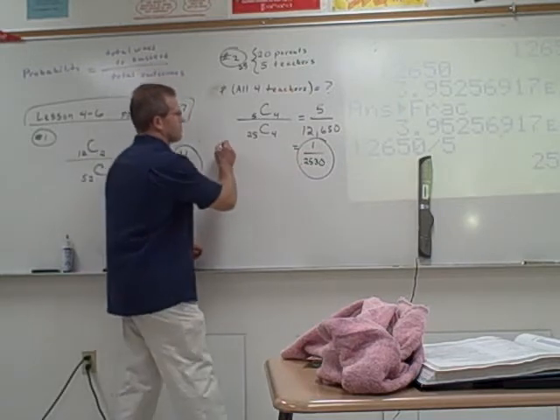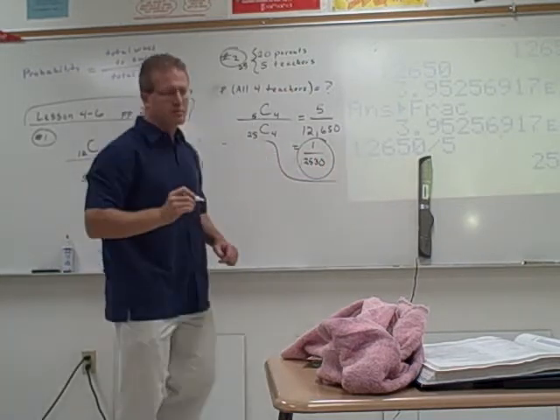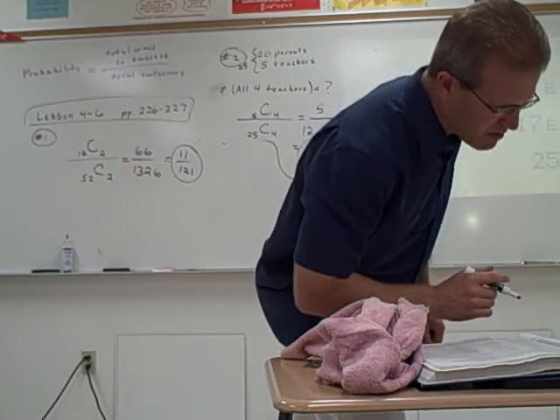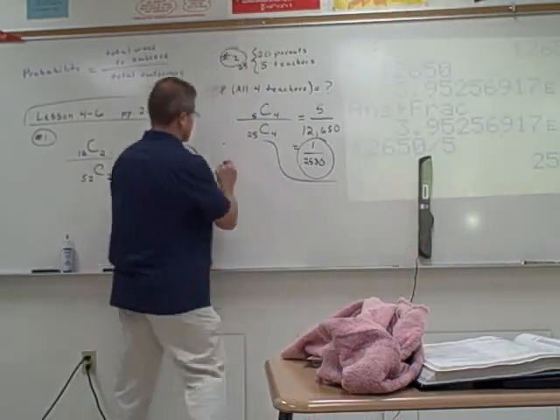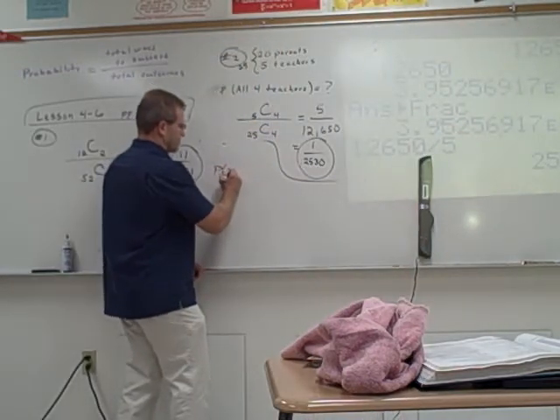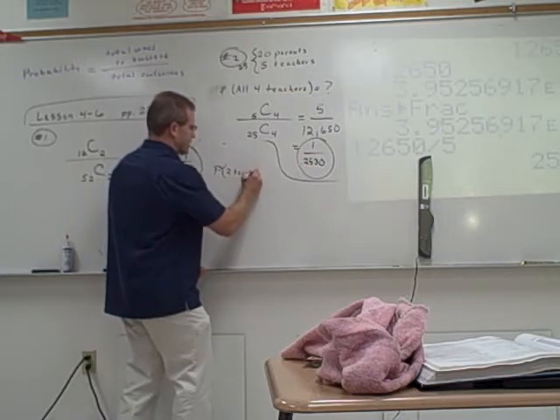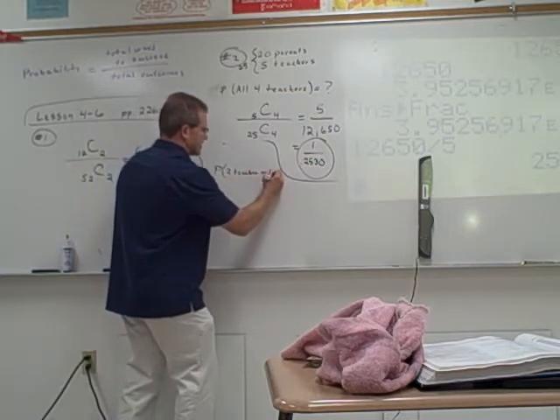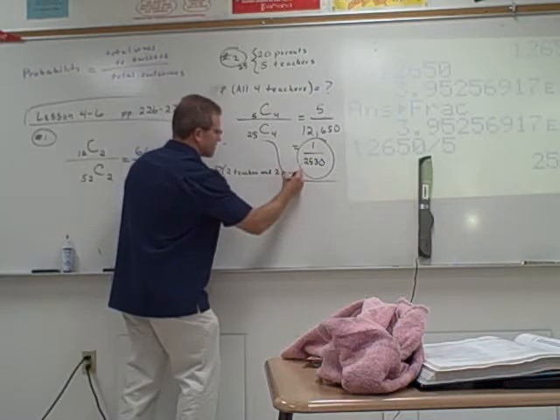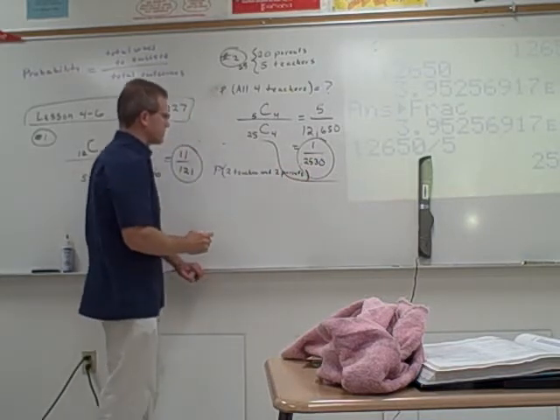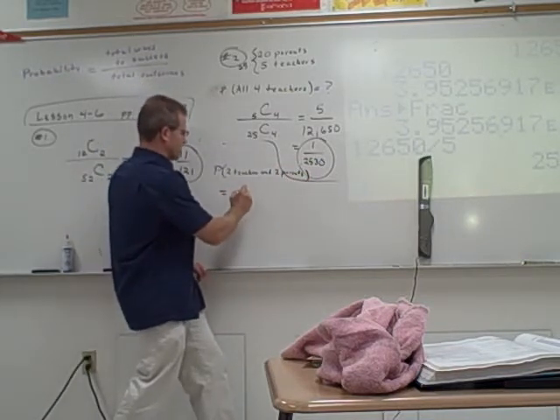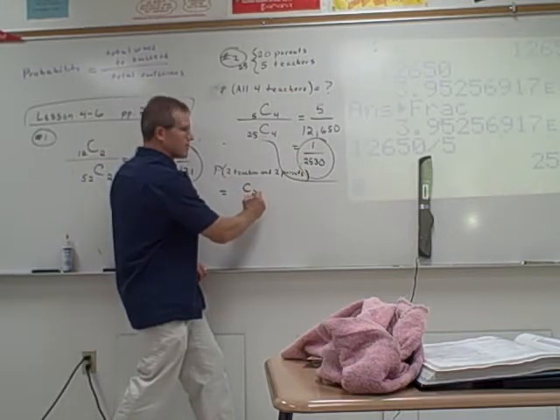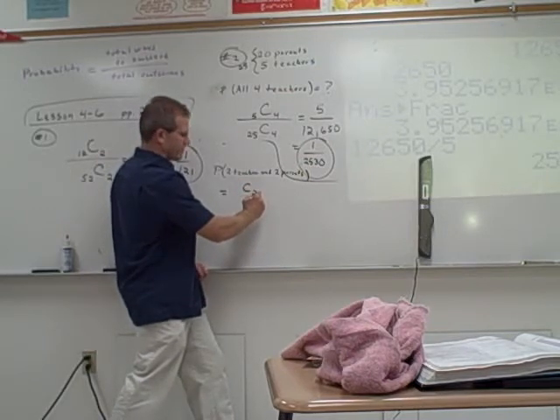All right, let's do one more with you. Second part of number 2. What's the probability of getting 2 teachers and 2 parents? Probability of 2 teachers and 2 parents. So I'm going to choose 2 teachers out of how many? 5, right?